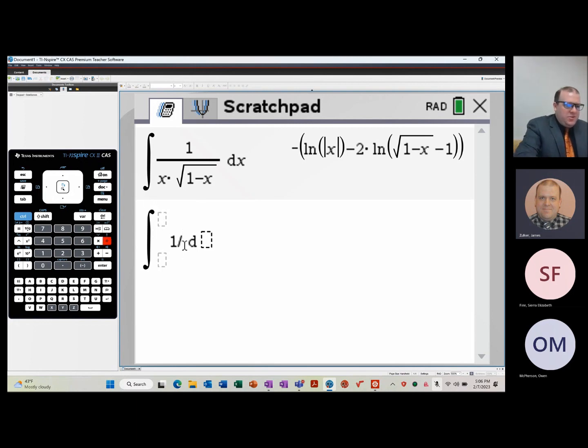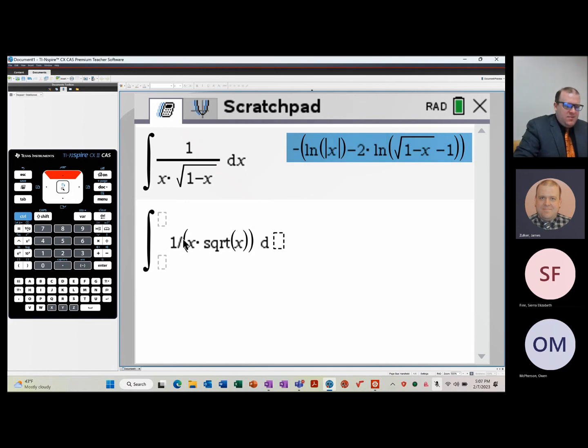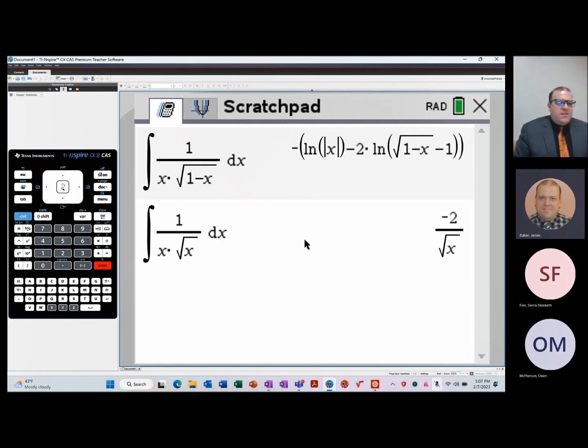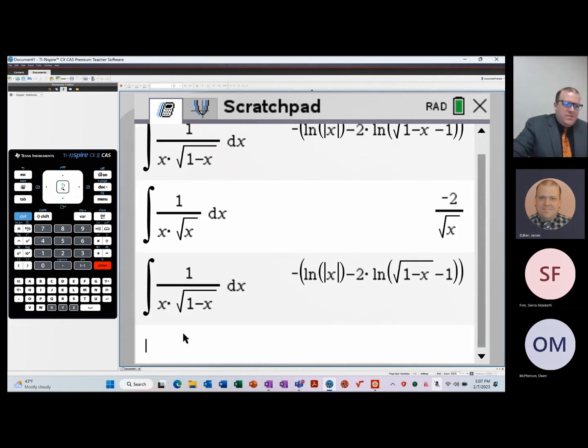So it's 1 over x times square root x. Back to x and enter. Uh-oh, that's supposed to be 1 minus x. Same thing.